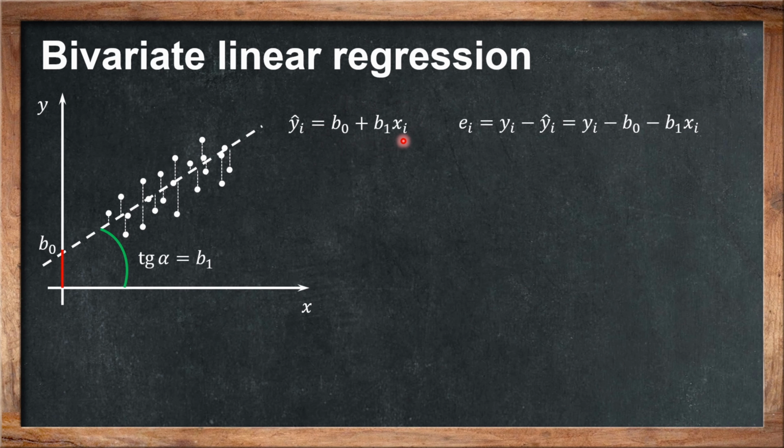So our goal in this case would be to find the values for these parameters. And we are doing that with the help of the statistics that we have. We can write that y sub i is equal to b0 plus b1 x sub i plus the residual term.